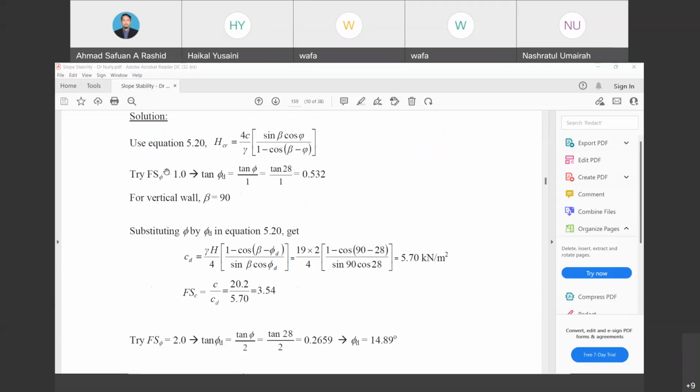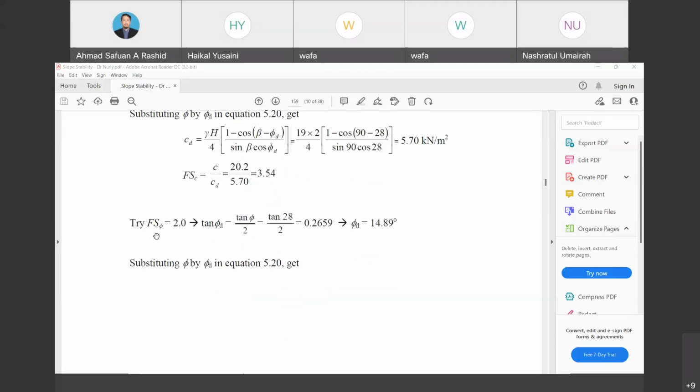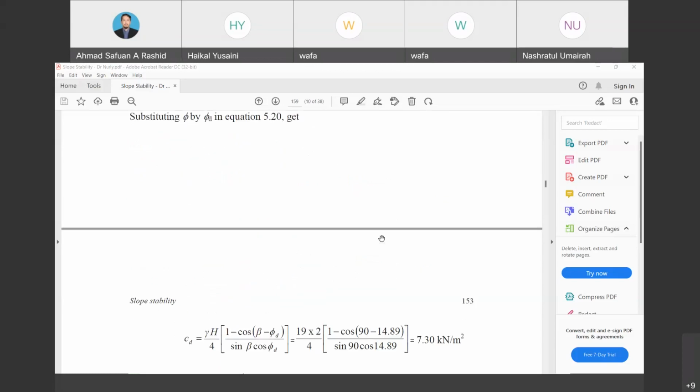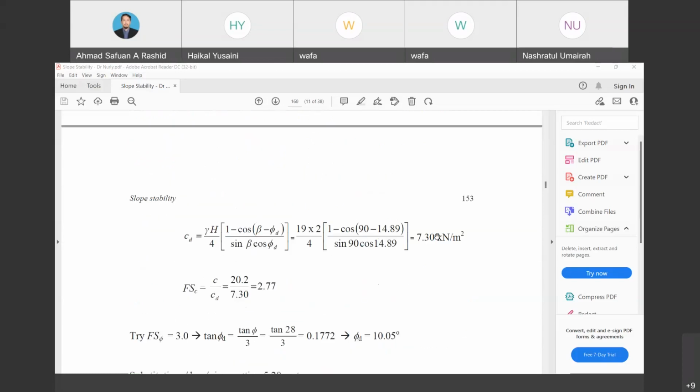Then compare the result with the first FSphi. It should be equal, but in this case the FSC is not equal to the FSphi. So we do a second attempt using a factor of safety equal to 2. From the calculation, we determine the CD value, which is 7.30.